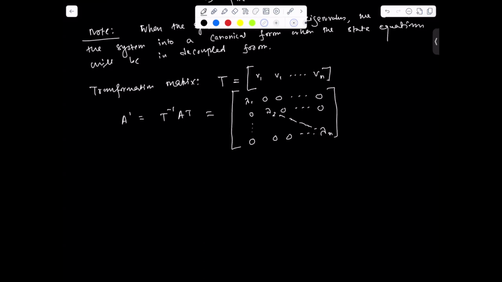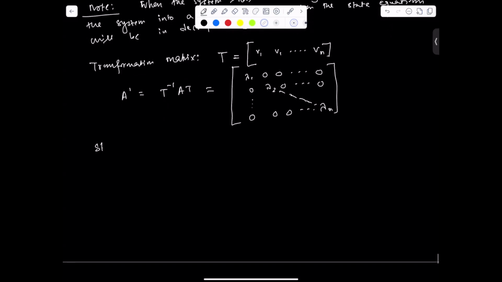Now, if you would like to write the state transition matrix for the transformed system, we can write e to the power A dash t, because A dash is the matrix of the transformed system.